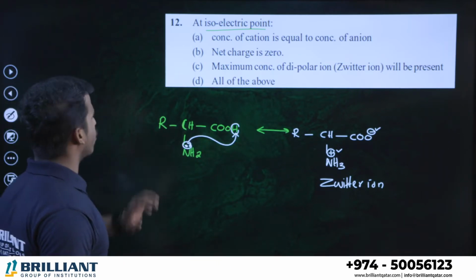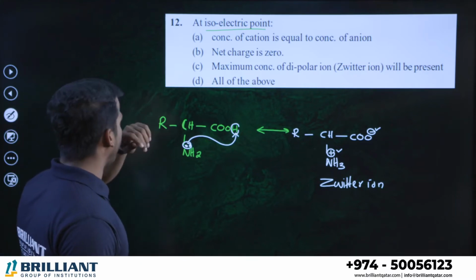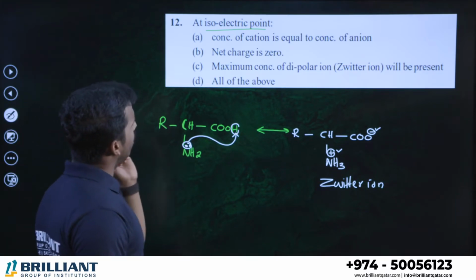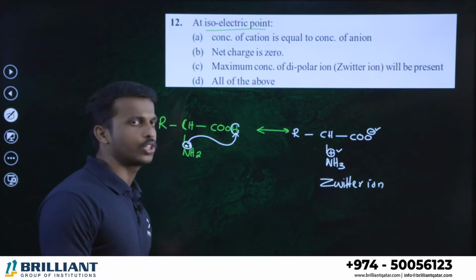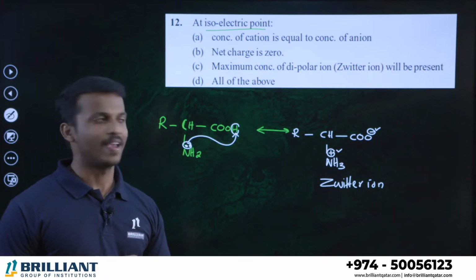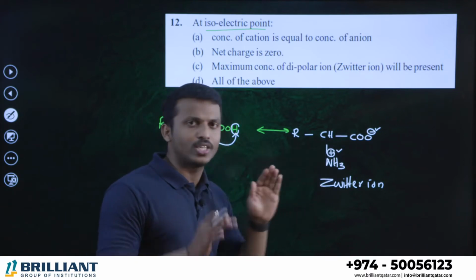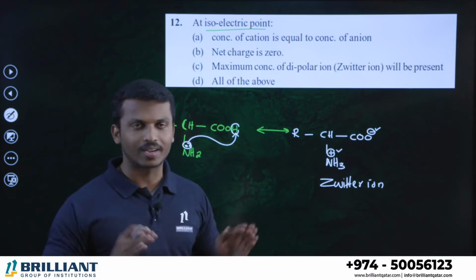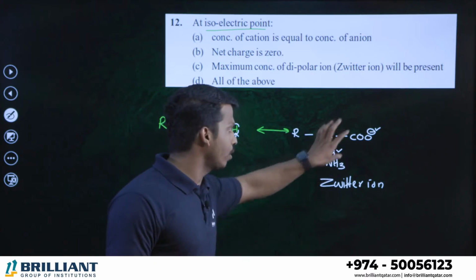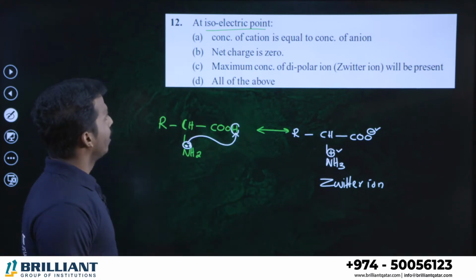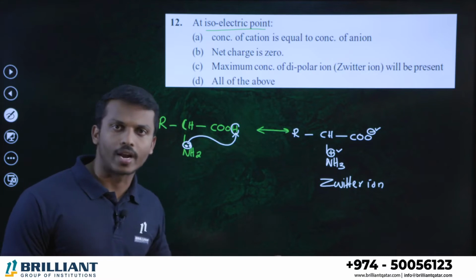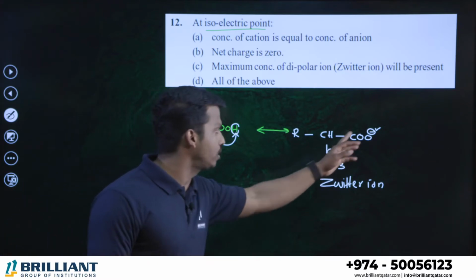Isoelectric point question, option A: concentration of cation is equal to concentration of anion. Yes or no? Yeah, there is an equal number. Isoelectric means there is 1 cation, there is 1 anion. Net charge is 0. Of course, right? It's neutral because 1 positive, 1 negative.